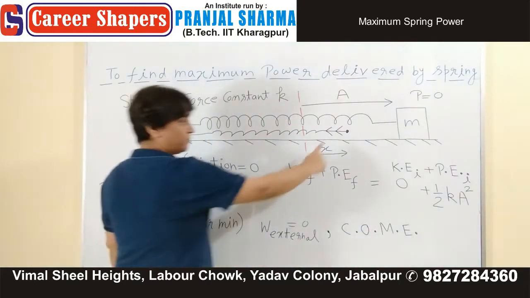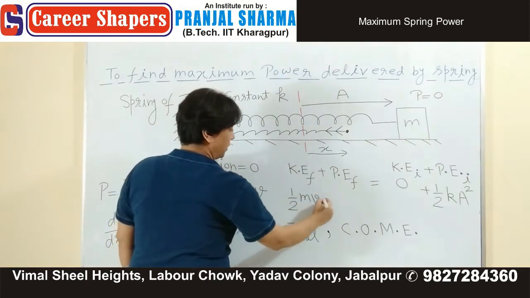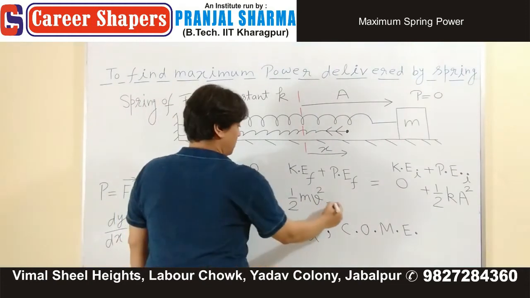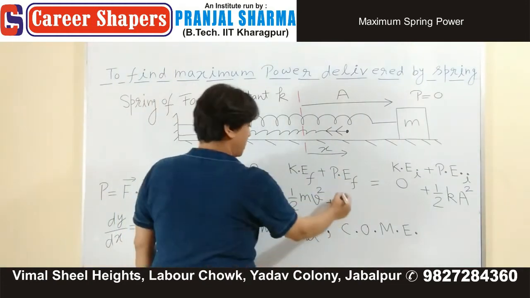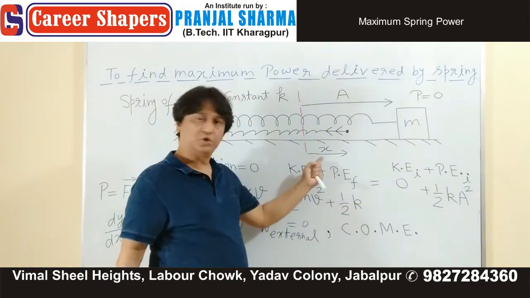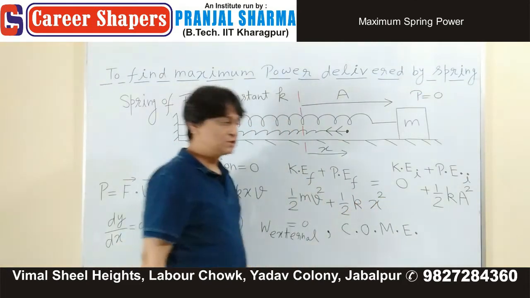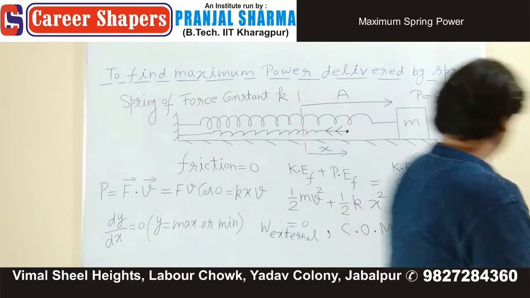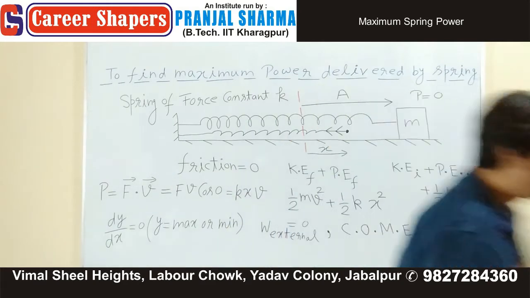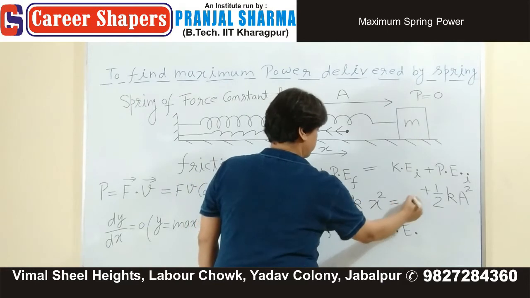Now finally, over here, the object is moving with velocity v. So what is the kinetic energy? Half mv square. What is potential energy? Half k. Right here, deformation is what? X, and therefore this comes to x square. So we have the initial energy and the final total energy, and they both are the same.